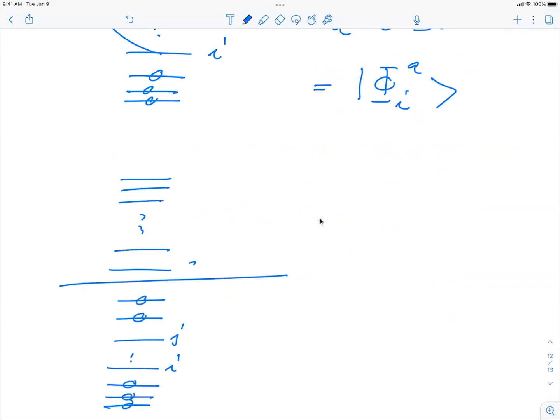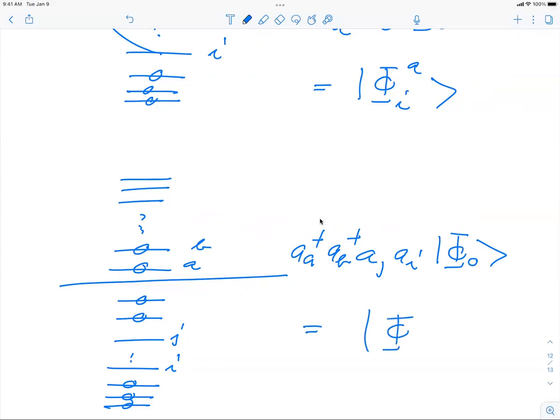And then we have a state A and a state B, which now are filled with particles. If I now want to write this down, I would have a_J, a_I acting on phi 0, and then a_A dagger and a_B dagger. So I create two particles in these states, A and B. And this is something which we will write in a more compact notation, like IJ and AB here.